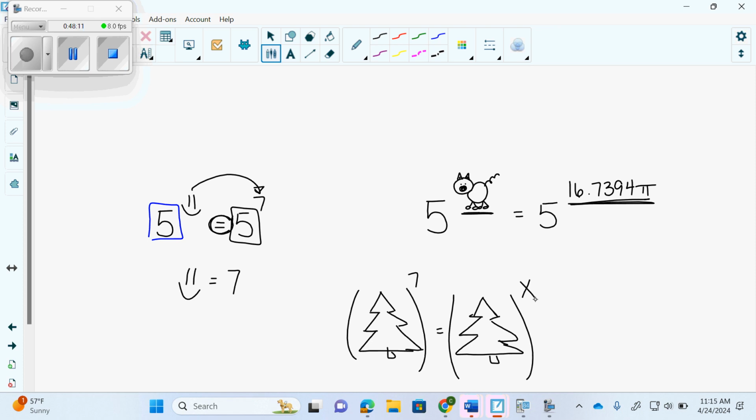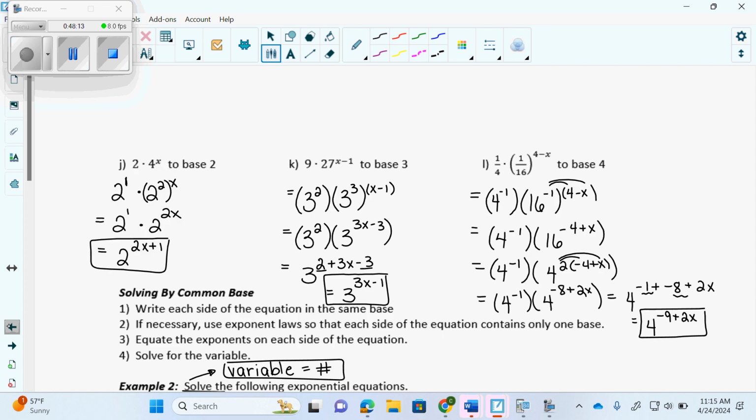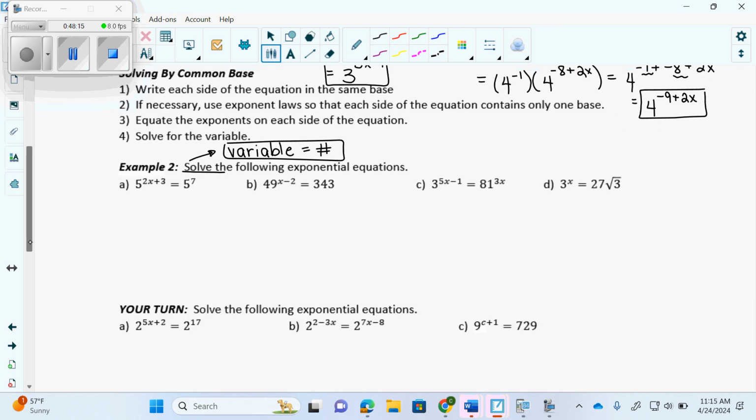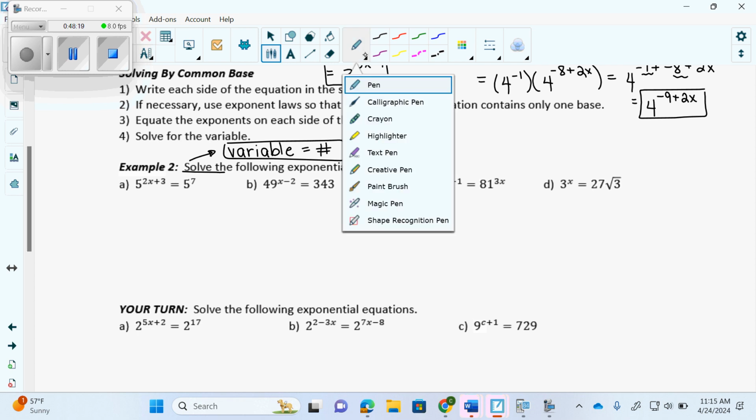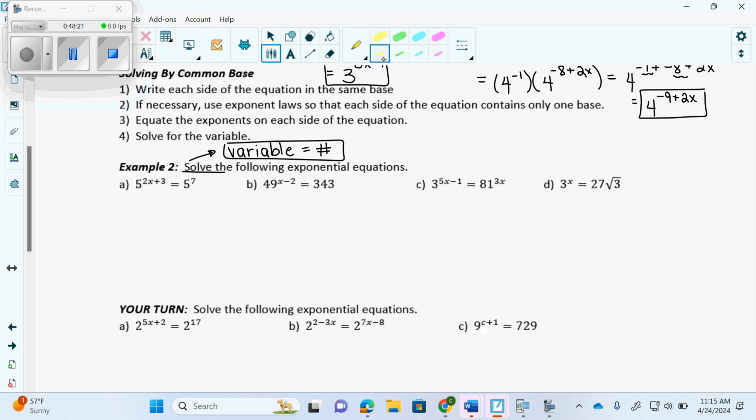We agree? So let's go back. This one, I have base 5. I'm going to highlight it in this color. I have base 5. I have base 5. Just like having two Christmas trees, correct? If those are both base 5, what can I say then about the exponents? 2x plus 3 must equal 7. You're right.